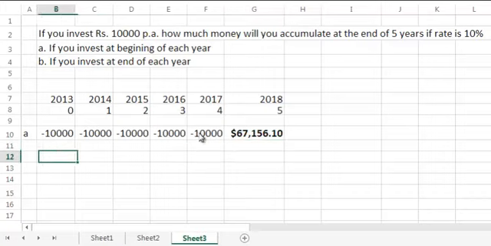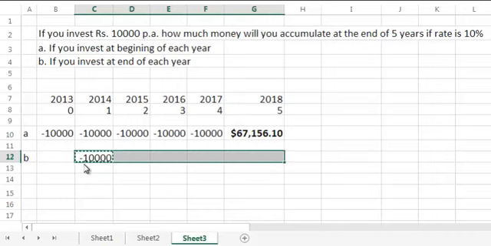The other type is type 0, and that is what would be applicable for the end of the year. So if you are going to invest at the end of year 1, meaning you won't invest in 2013 at all. You will sit around for 1 year and then you would invest 10,000 rupees at the end of year 1, and after that invest the same money for the next 5 years.